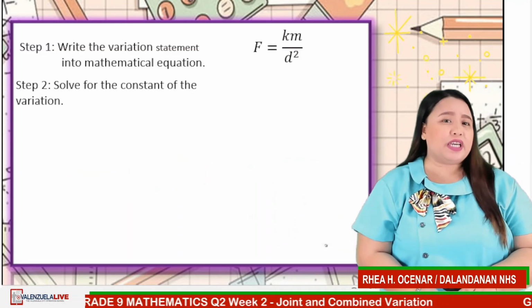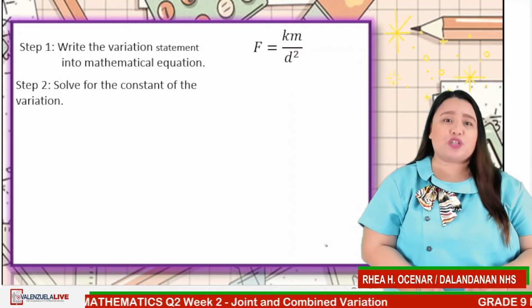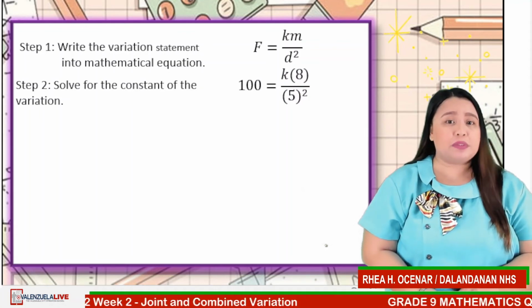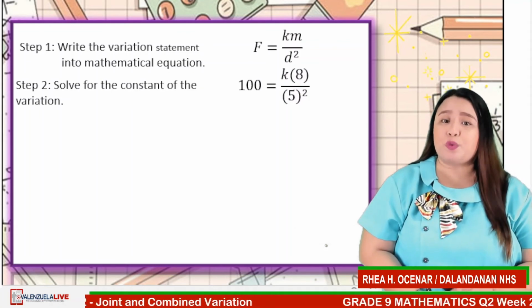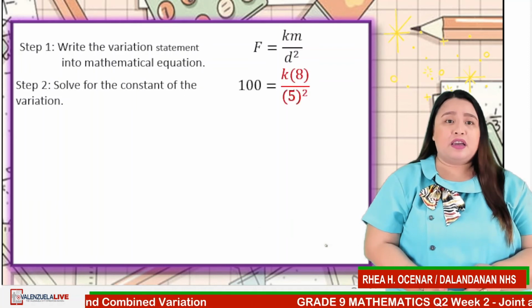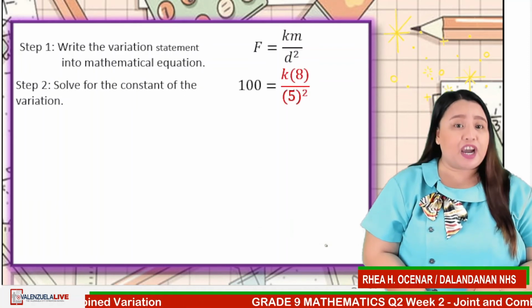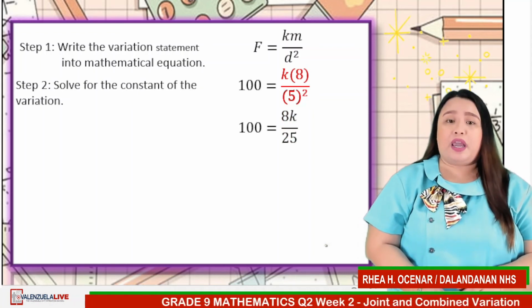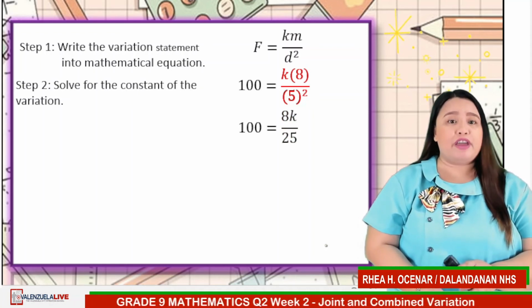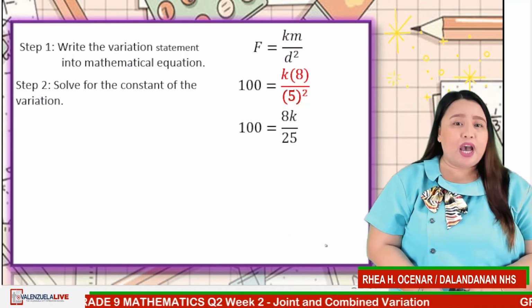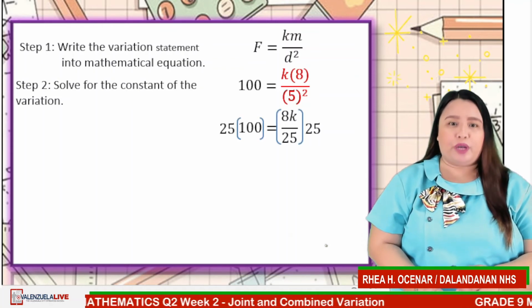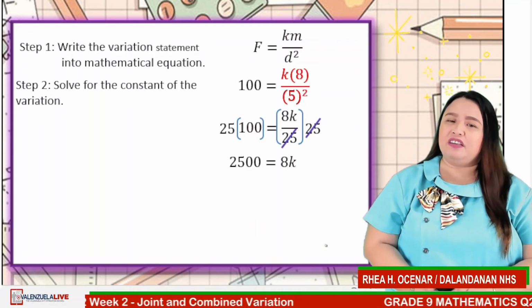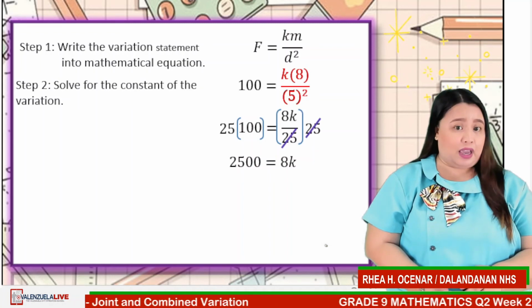By substituting the given in the equation, we have 100 is equal to k times 8 over 5 squared. Simplifying, we have 100 is equal to 8k over 25. Multiply both sides by 25, we have 2,500 is equal to 8k.